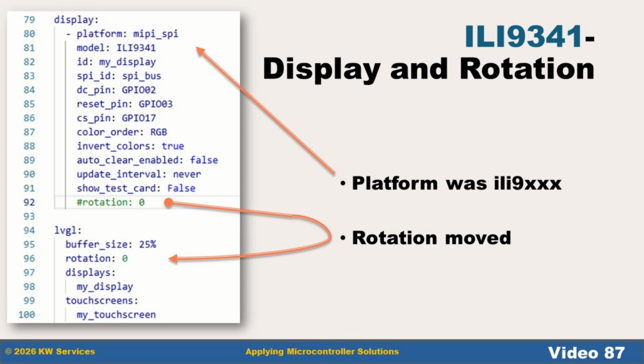Since the biggest change is display and rotation, let's look at it. First, the ESPHome programmers changed the platform of the display component from the old Arduino library names like ILI9488 to new names that represent the display's communication.